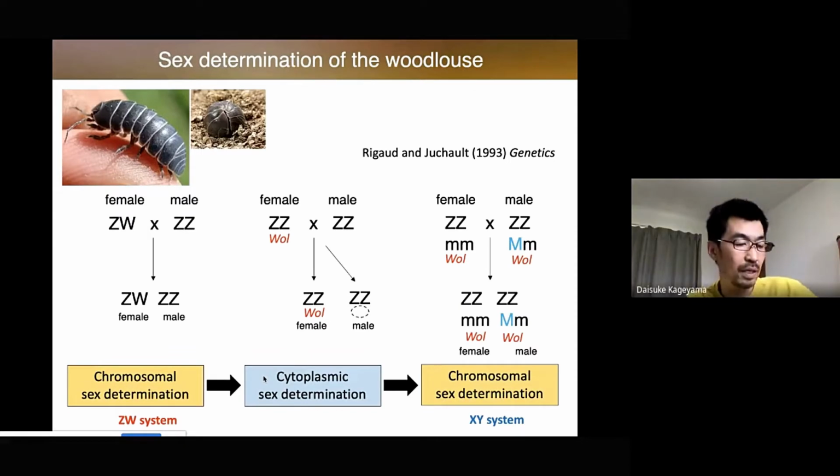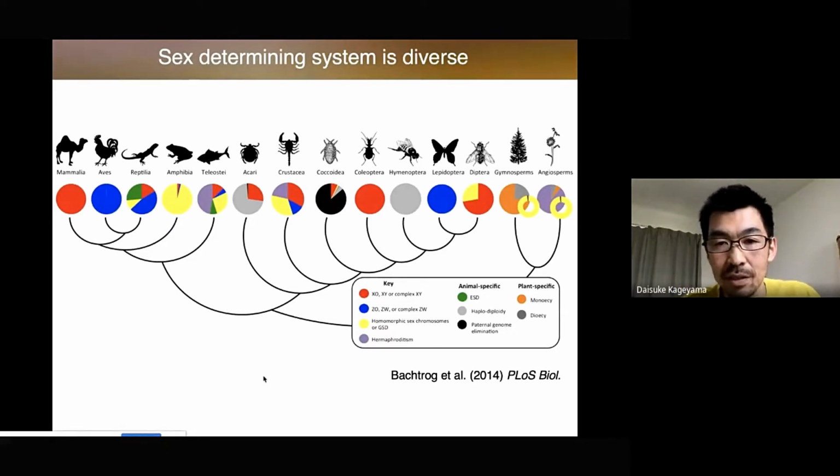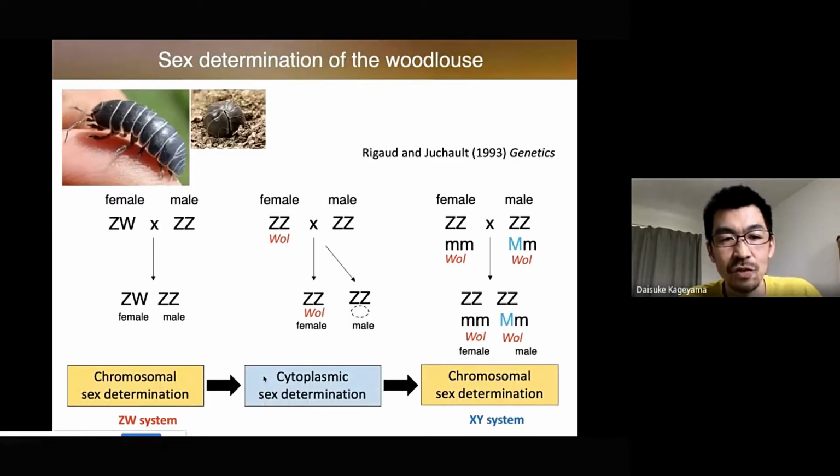For example, we can imagine that such endosymbiosis by bacteria can contribute to the diversity of sex determining systems. I don't know how common, but in some cases it should be.